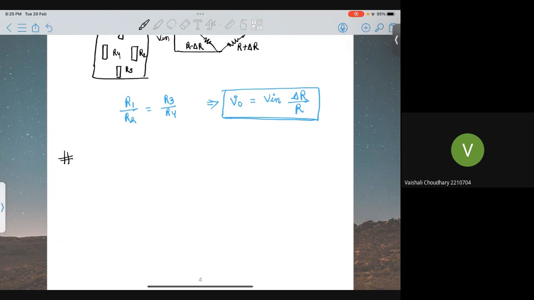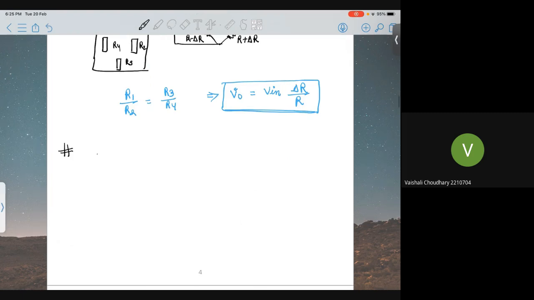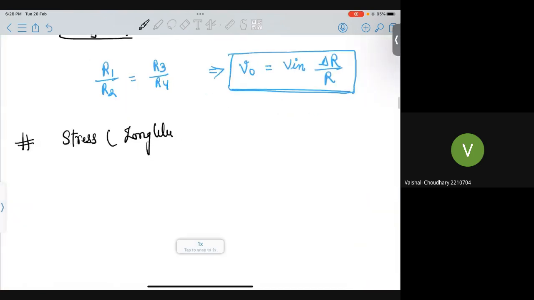Suppose we'll study about stress, or longitudinal stress.